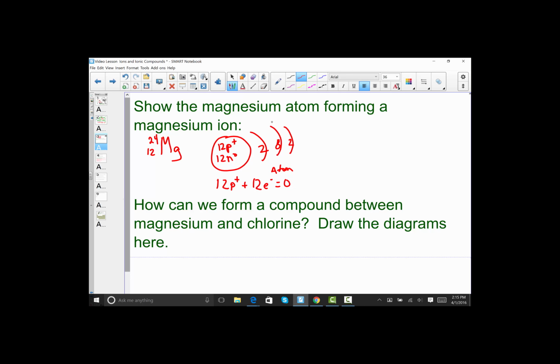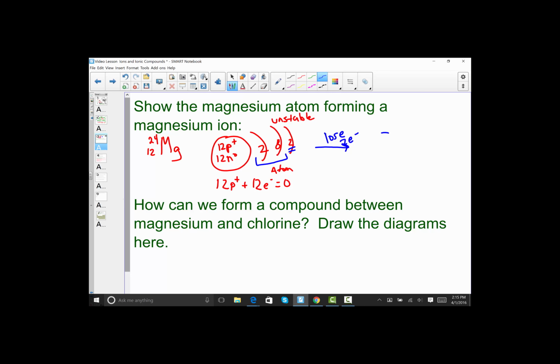However, the atoms are unstable in their electron configuration. They want to achieve the noble gas arrangement. So here we have 2 electrons in the outermost shell that need to be lost. It needs to lose 2 electrons to achieve the noble gas arrangement, the noble gas being neon with 10 electrons.